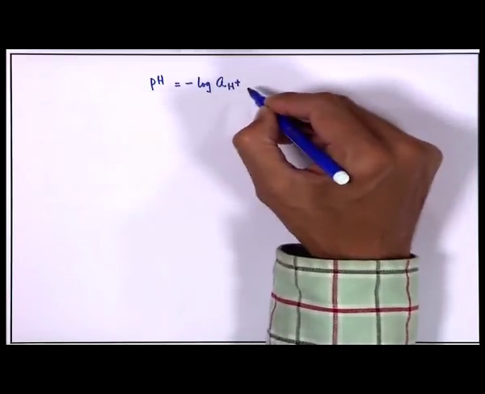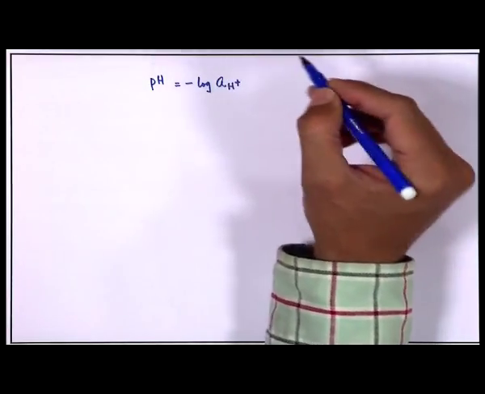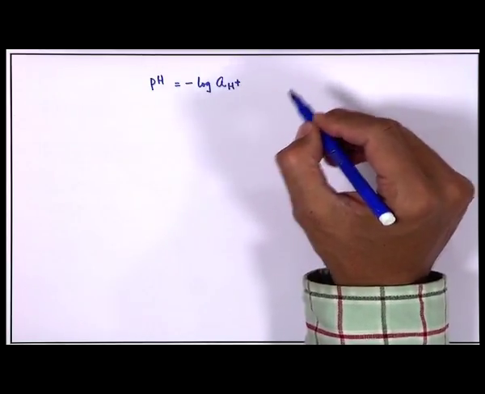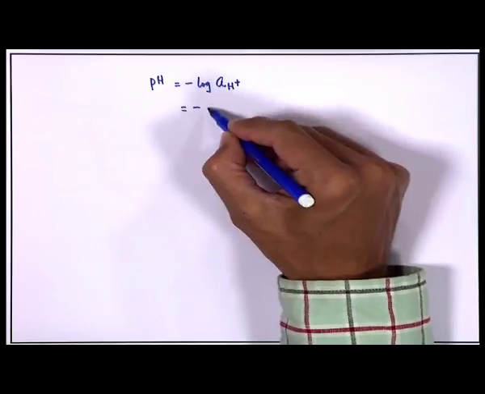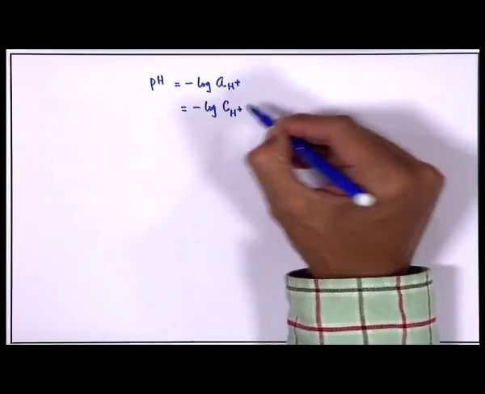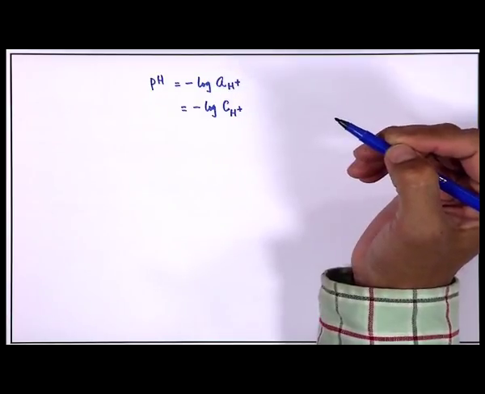It is a dimensionless quantity. So, for all practical purposes, for dilute solution, you can replace this with minus log of concentration of H plus, provided the concentration is not high enough.